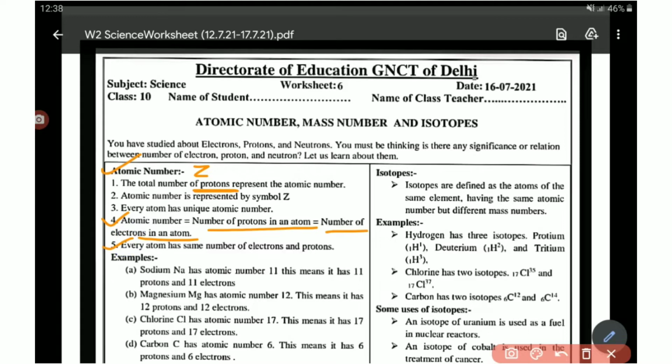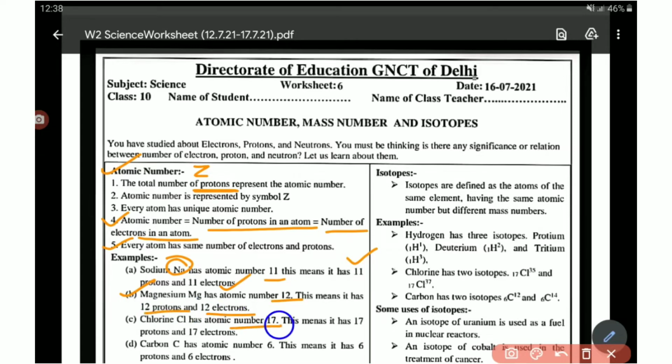As you can see in the example, sodium atomic number is 11. So we can say number of protons is 11, number of electrons is also 11. So if you learn the atomic number, you'll be able to know how many electrons and protons are present in an atom. Magnesium atomic number is 12. It means 12 protons and 12 electrons.